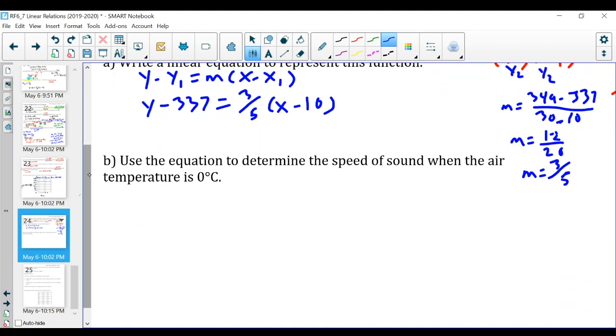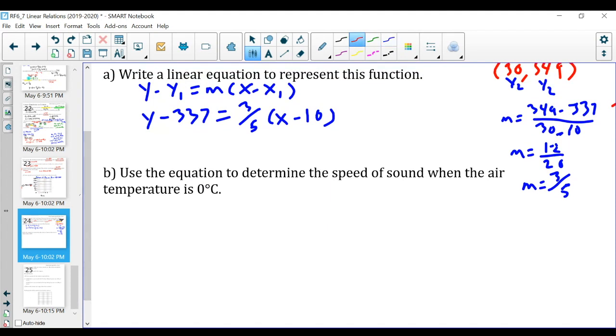So we're going to use that equation to find out what happens if the temperature is 0 degrees. So here we're going to basically say that this x ends up being 0, and we're going to try to figure out what this y value is equal to. So we're going to substitute that 0 in.